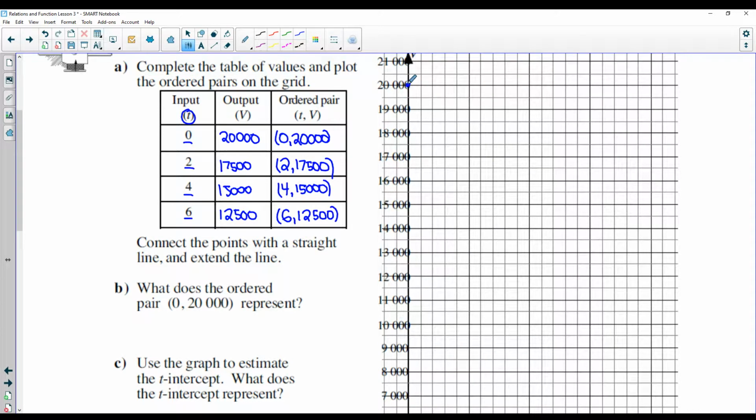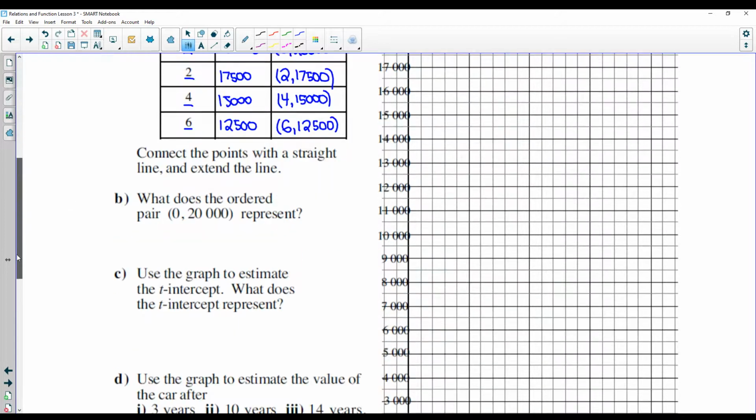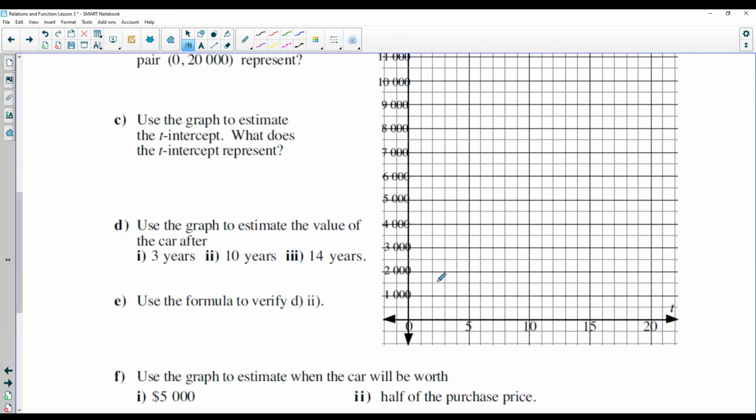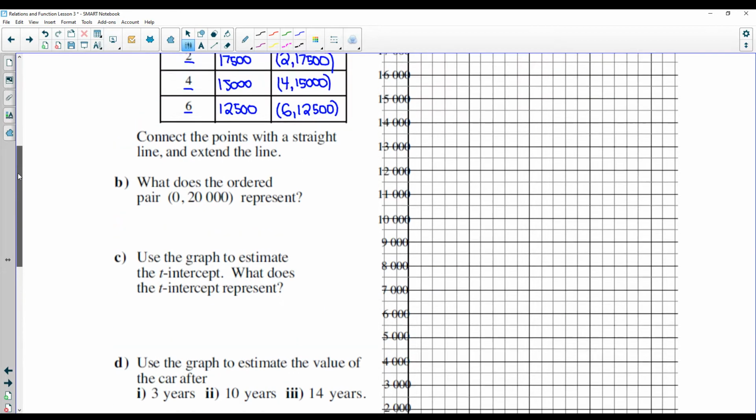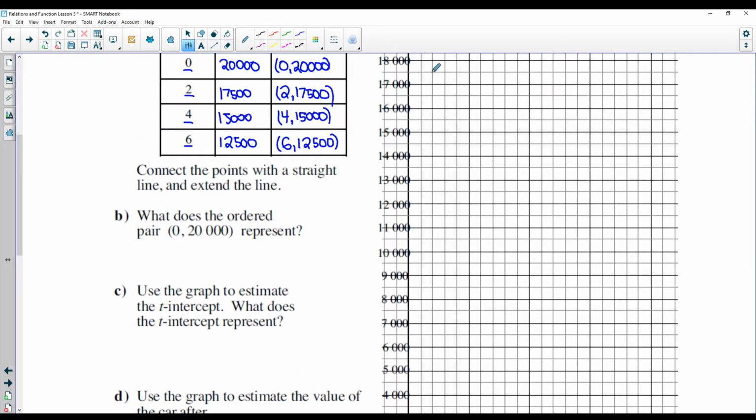Okay, so 0, 20,000 is up here. Then we have 2, and then 17,500. So 2 would be located here. So I go 2 to the right, and then 17,500 up. So that's going to be located halfway in between these two. So it's going to be here. Then we have 4 and 15,000.